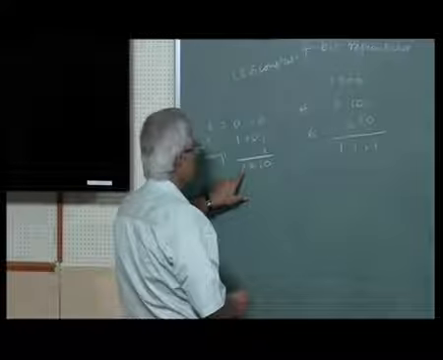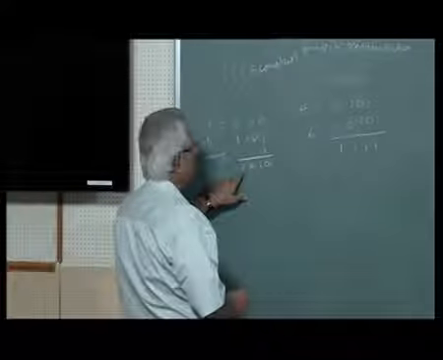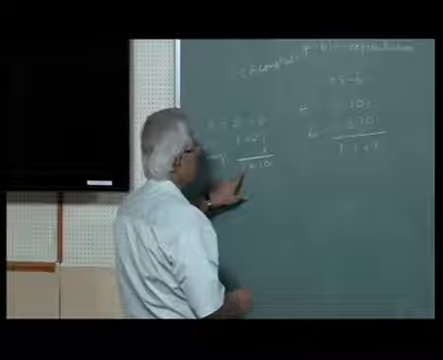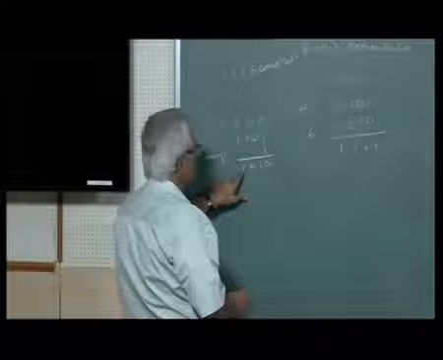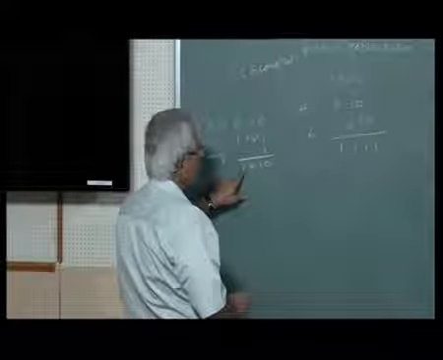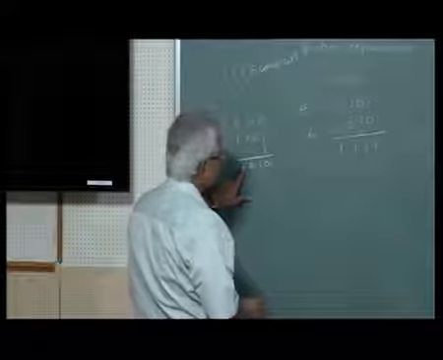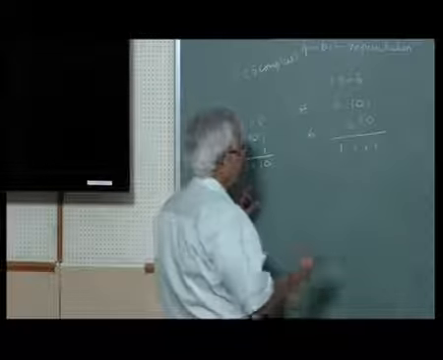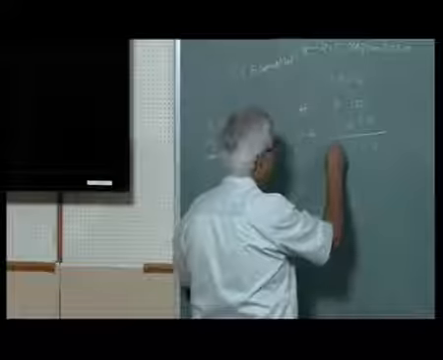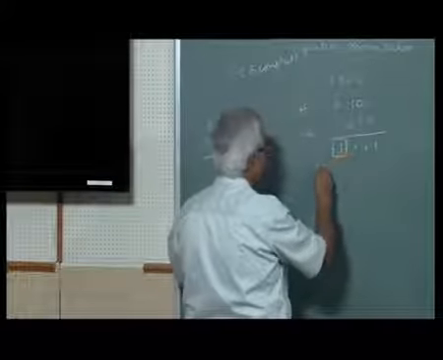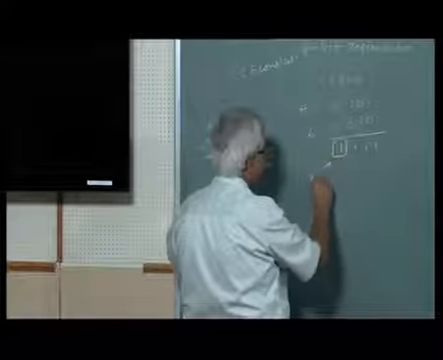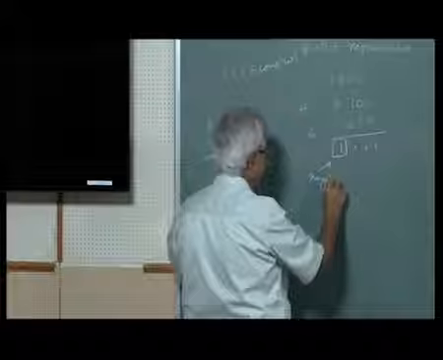Put these two bits together and add. Minus 6 becomes plus 6. 1 1 1 1. Okay, I know what. This one represents a negative number. So I cannot take the result as it is.